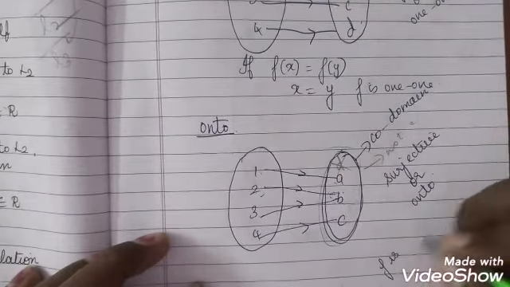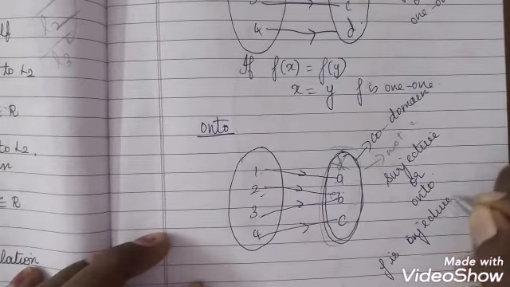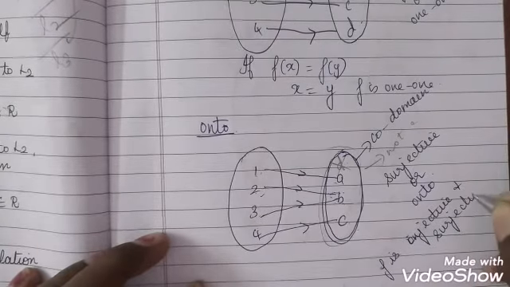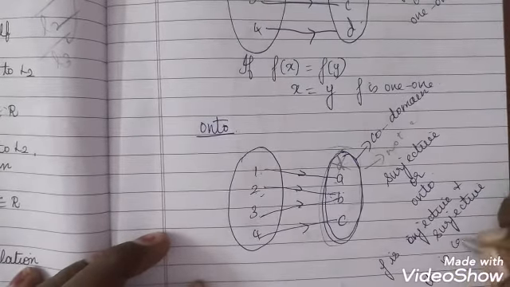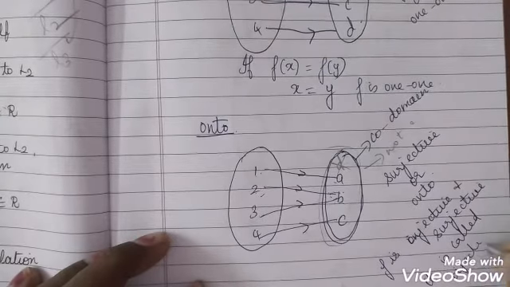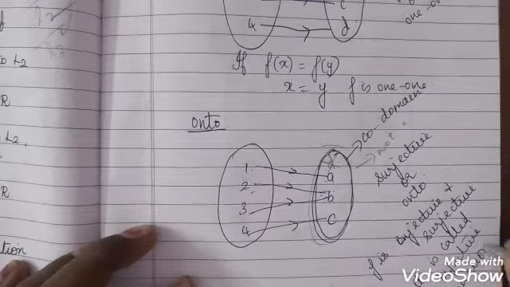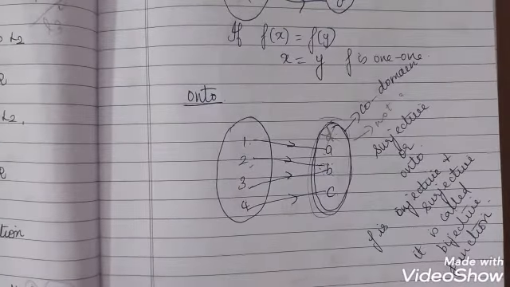So if f is said to be injective and surjective, that is, if it is said to be one-to-one and on-to, then it is called a bijective function. These are the terms we need to know under this case. It's said to be one-to-one and on-to, then we call this a bijective function.